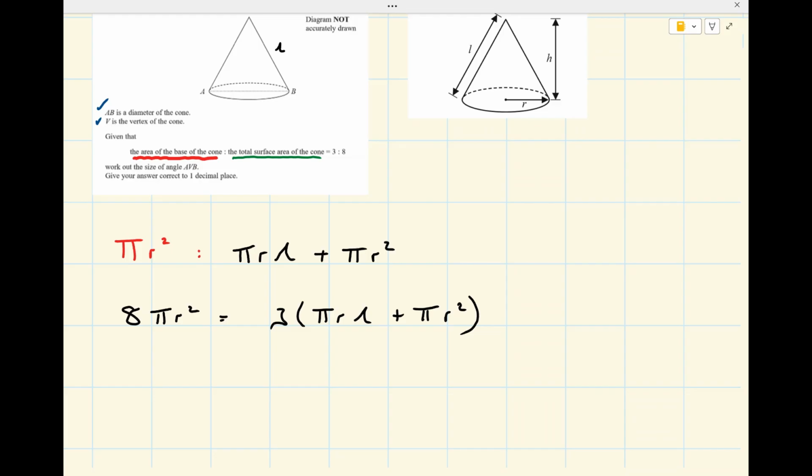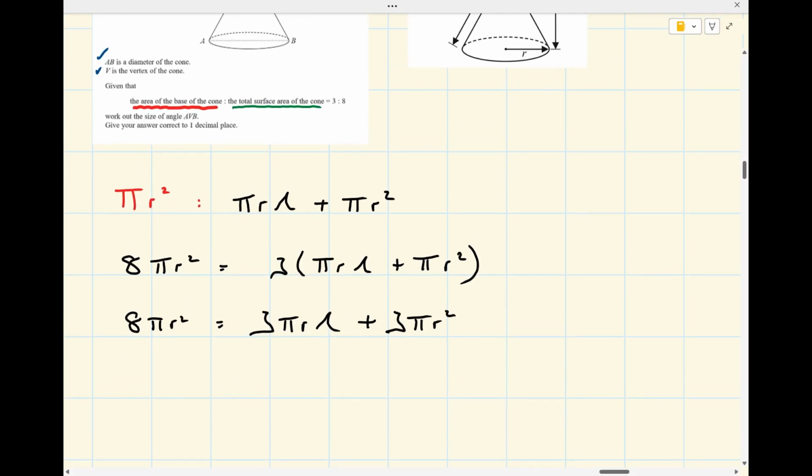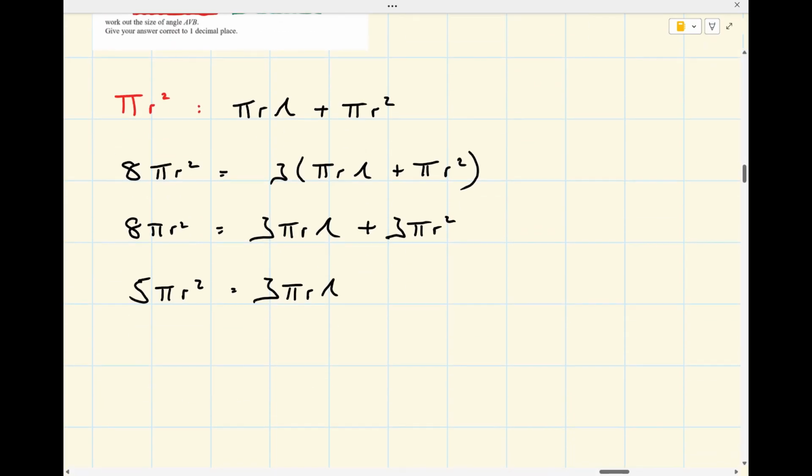All right, let's see what happens, shall we? So I've got 8 pi r squared equals 3 pi r L plus 3 pi r squared. Well, I could take 3 pi r squared off both sides, couldn't I? So now I've got 5 pi r squared equals 3 pi r L. I could divide both sides by pi and by r.